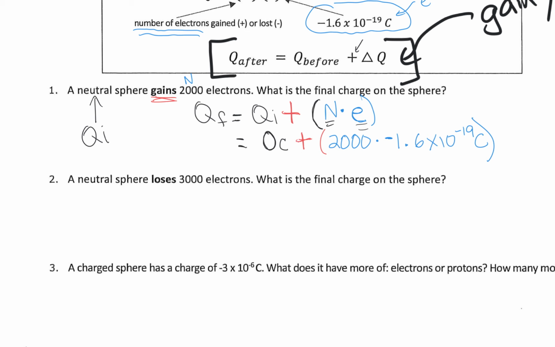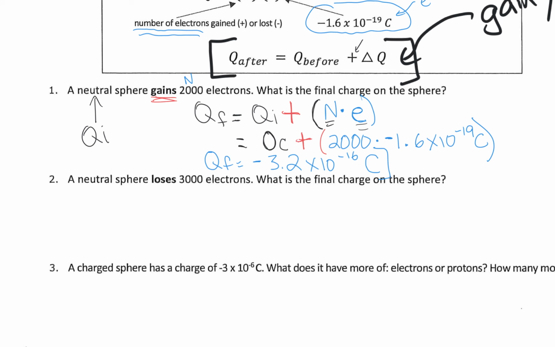I put in 2,000 times -1.6 EE, scientific notation, times 10 to the -19th. And I got an answer of Q final is equal to -3.2 times 10 to the -16th power, and that's coulombs.